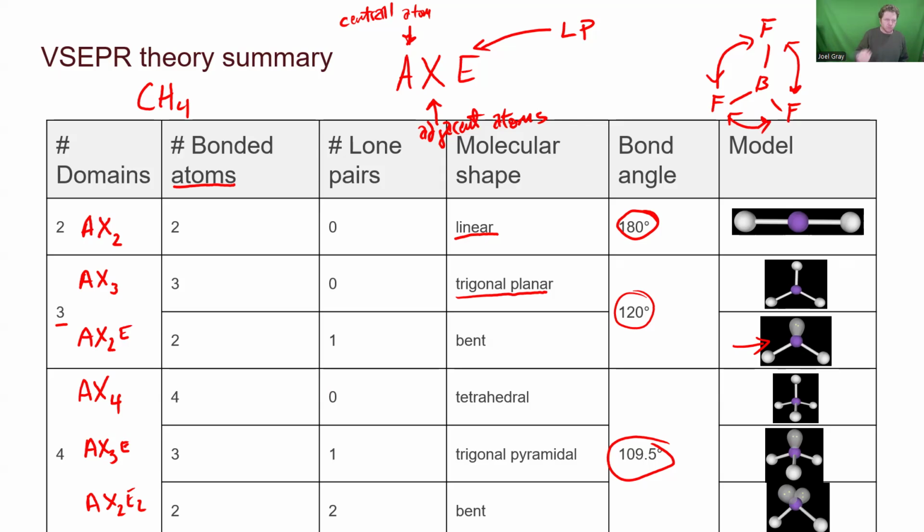And if you're kind of meticulous with this, you'll see that carbon brings in 4 valence electrons. Each hydrogen brings in 1. So we got 4 valence electrons from hydrogens and then 4 from carbon. We've got 8 electrons. We have no lone pairs of electrons. And what I'd want you to see then is that we've got 4 bonded atoms. This molecule's shape is tetrahedral. That's the sort of question that I want you to be able to answer.